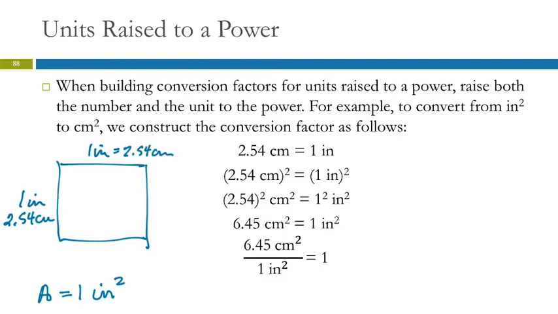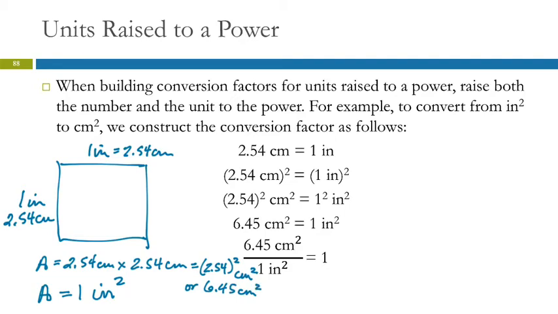Now, if I calculate the area, 2.54 centimeters times 2.54 centimeters, is that 2.54 square centimeters? Nope, it's 6.45. So this is 2.54 squared square centimeters, or 6.45.